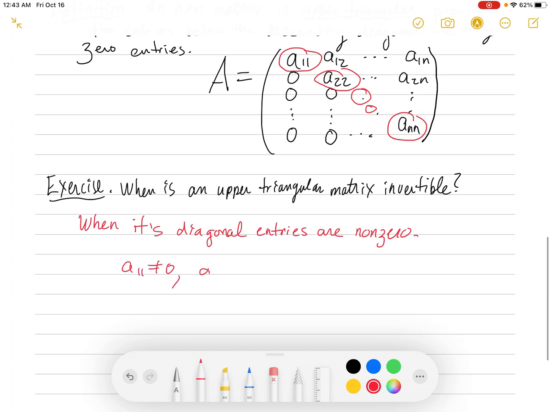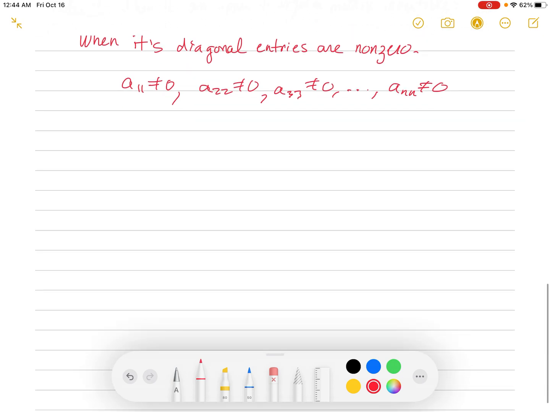Another way of saying that is A11 is not 0, A22 is not 0, A33 is not 0, and so on, A nn is not 0. The diagonal entries are non-zero. Important. Okay, let's do another quick exercise.